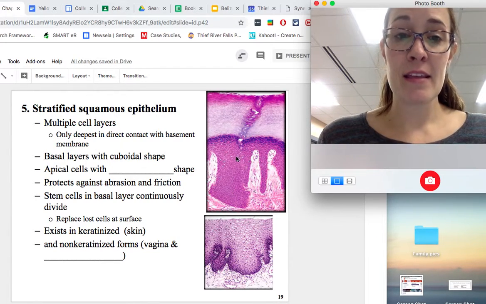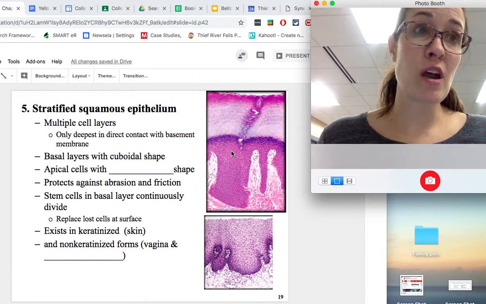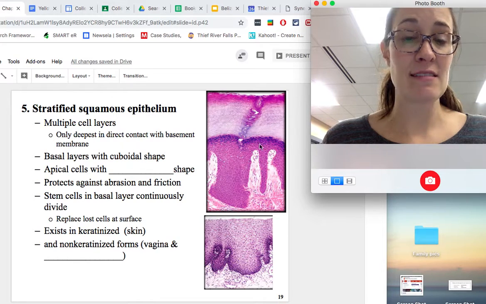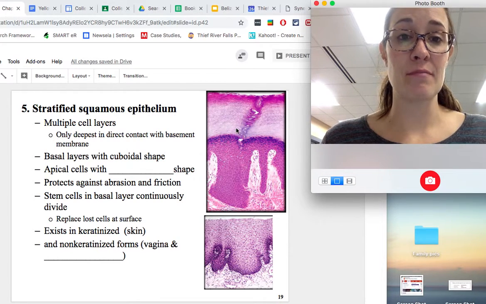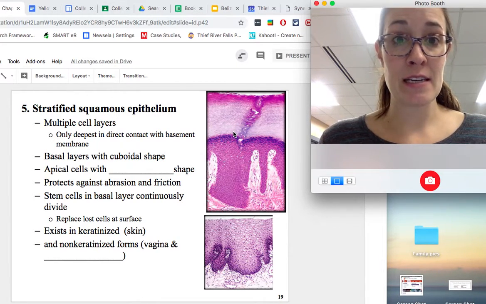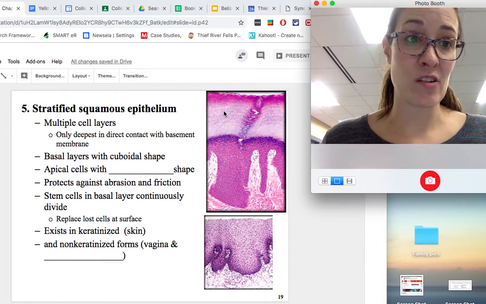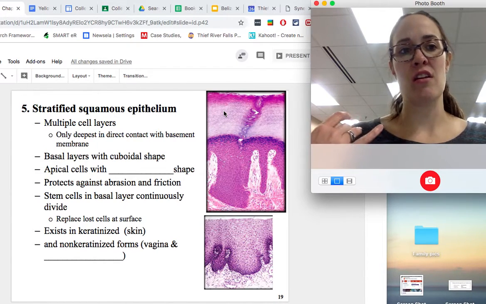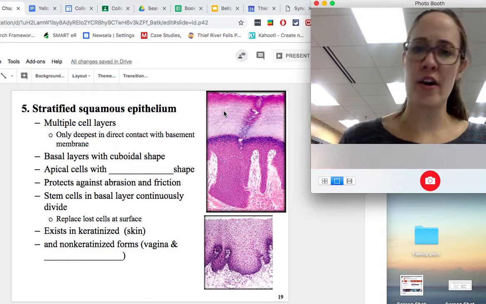The stratified squamous can be keratinized, like this picture of keratinized stratified squamous epithelium, like in the skin. Essentially, this entire layer is keratin, full of a protein that makes the skin tough, protective, and waterproof.